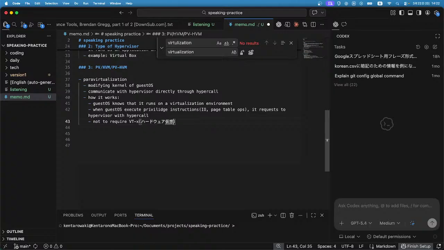Hardware 仮想化支援, I don't know how to say it in English. Okay.